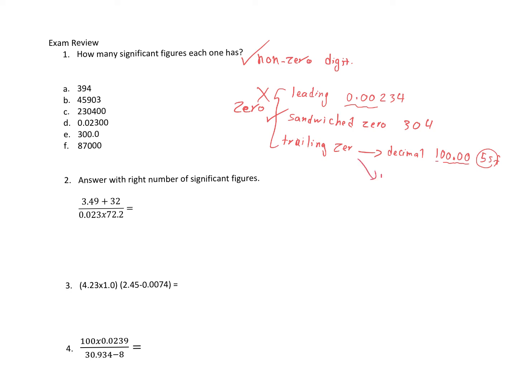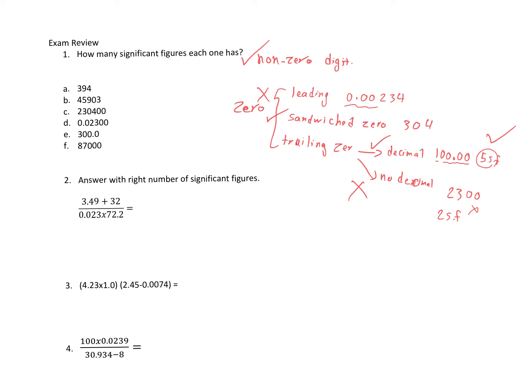If no decimal place, no. So for example 2300, you have two zeros and no decimal place, so you do not count them as significant figures, therefore it has two significant figures.